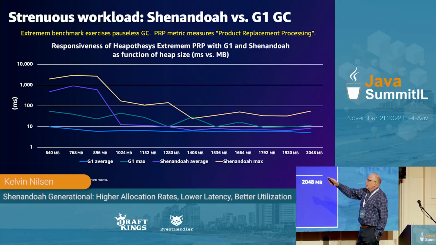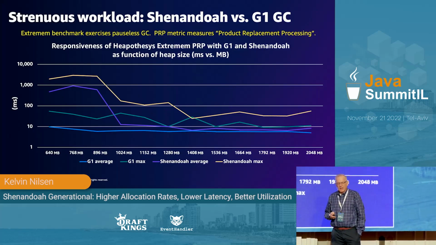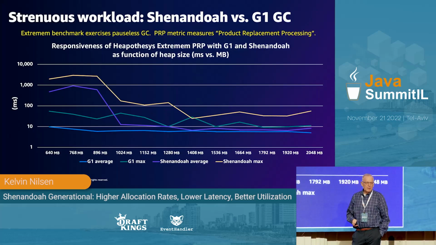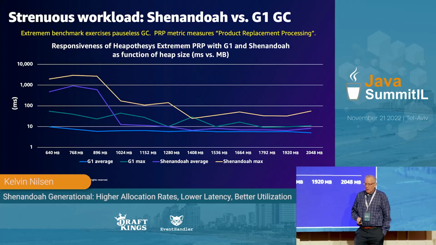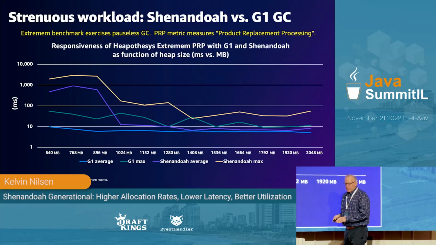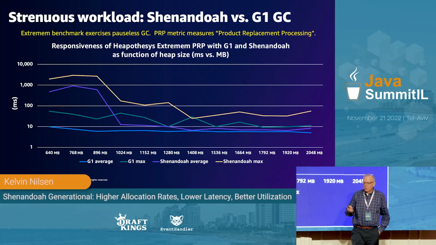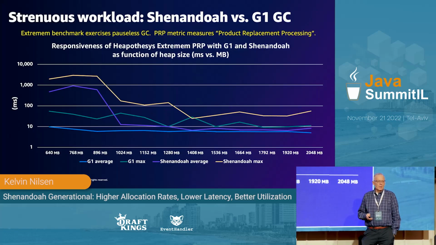This workload is based on measurements. We call it Extremem, Extreme Memory Benchmark. We developed it ourselves. It drives pauseless garbage collectors. And there are a number of metrics it delivers. The one I'm measuring here is product replacement processing.